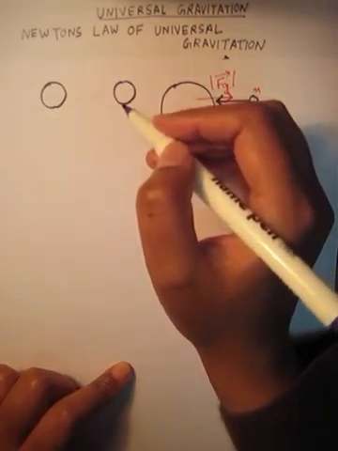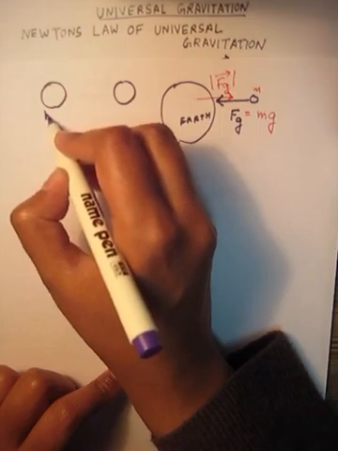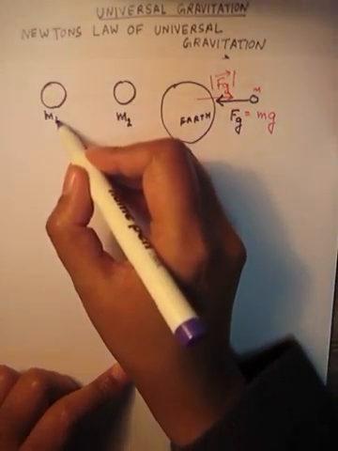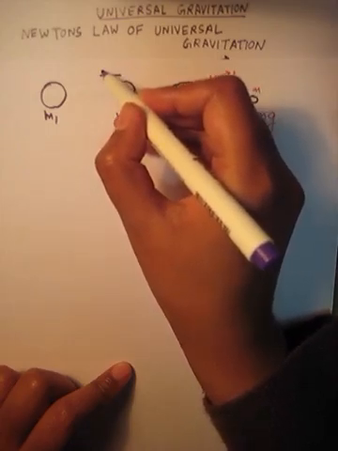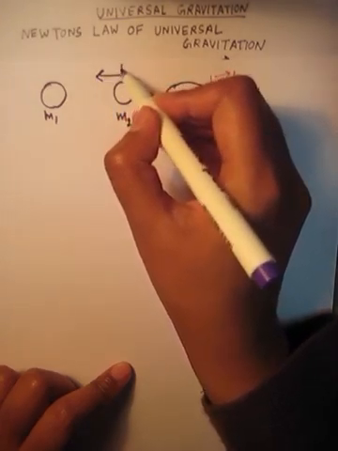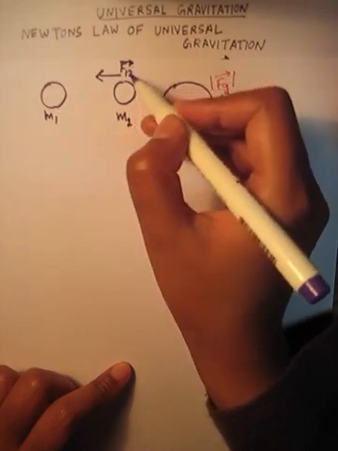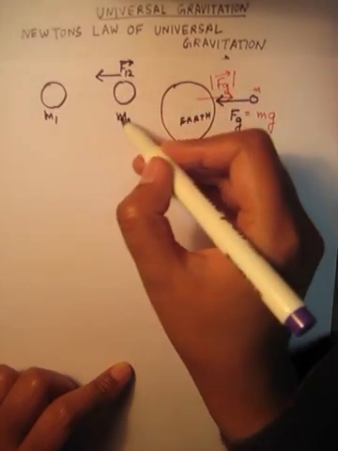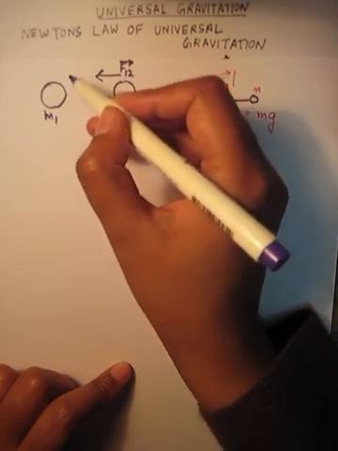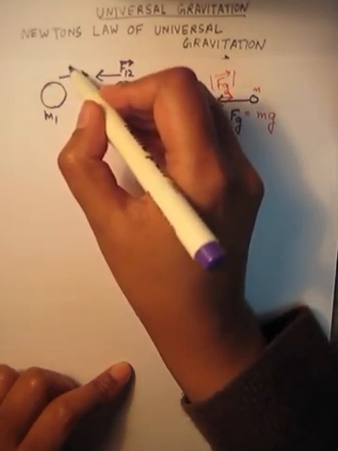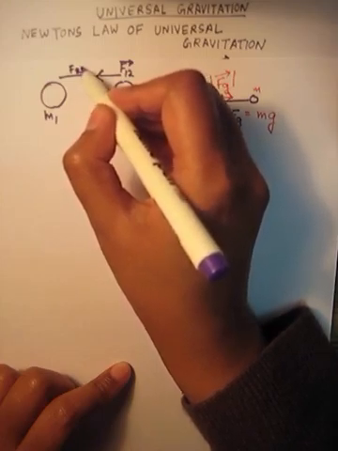Let us say we're talking about two masses m1 and m2, and m1 is applying an attractive force on m2, which is given by the F12 vector, and m2 is applying a force on m1 towards m2, which will be given by the F21 vector.